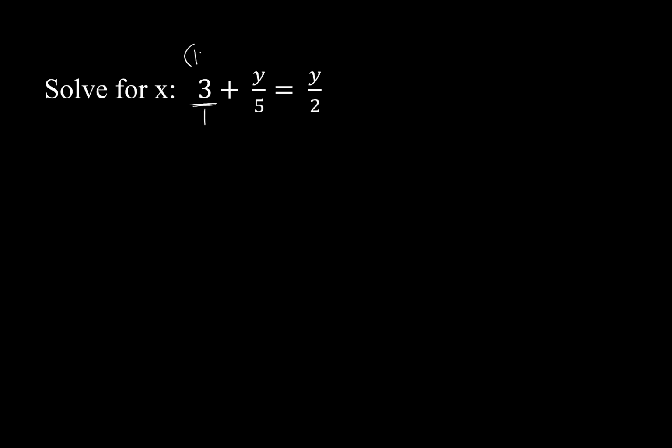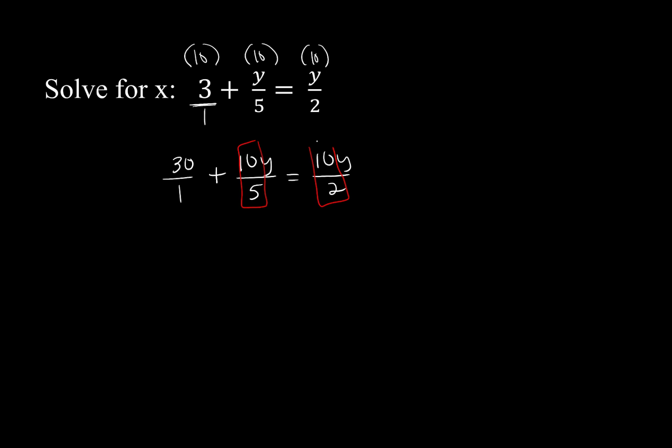So just like before, we're going to multiply each term by 10. Here's what that's going to look like. It's going to be 30 over 1, which we don't really need, but we'll put it there for now, plus 10y over 5 equals 10y over 2. There are parts of these fractions that we can simplify without messing up the entire problem.